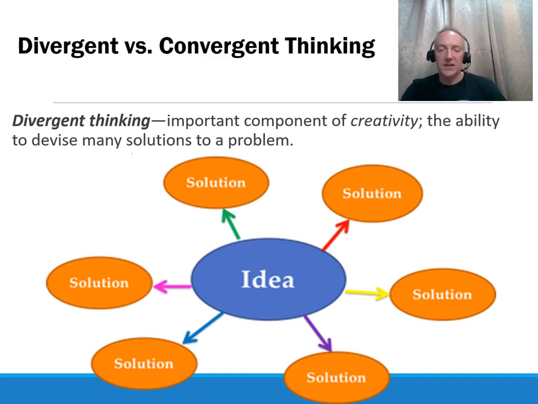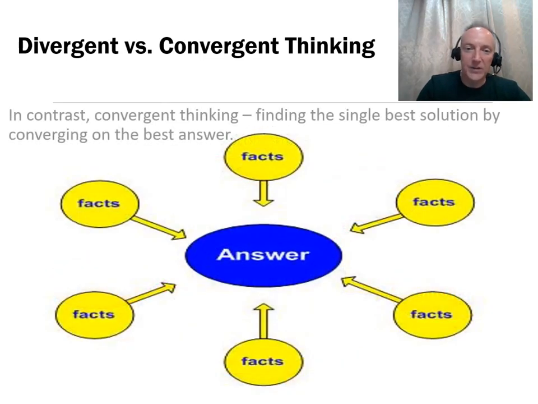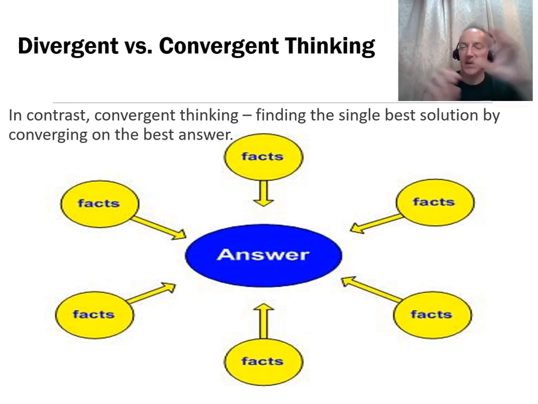So creativity is often referred to as an example of divergent thinking. Divergent thinking refers to generating lots of solutions from one starting point. It is the opposite of what is measured by traditional IQ tests, which is convergent thinking. Can I take all the bits of evidence and come up with just one best answer?